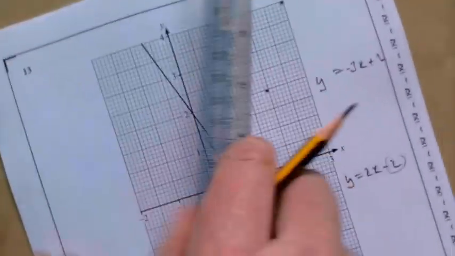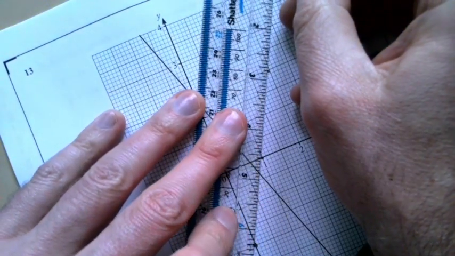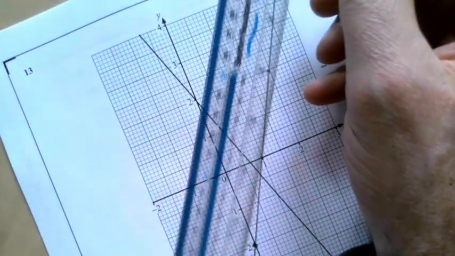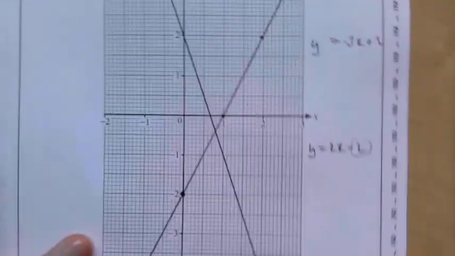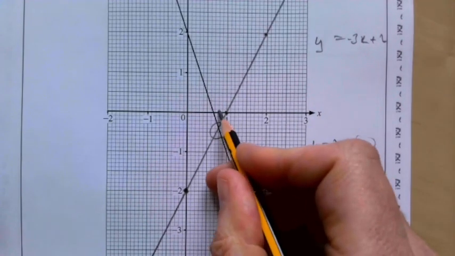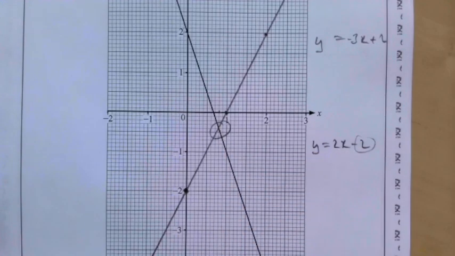And then we join these up. If we're solving them simultaneously, we're looking for where the two lines cross each other, and that's going to be there. So that is 0.8 and then minus 0.4.